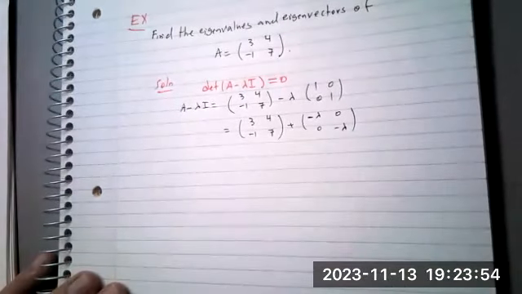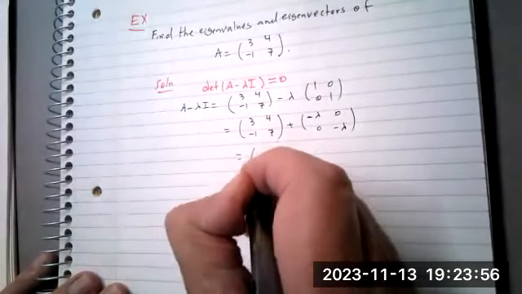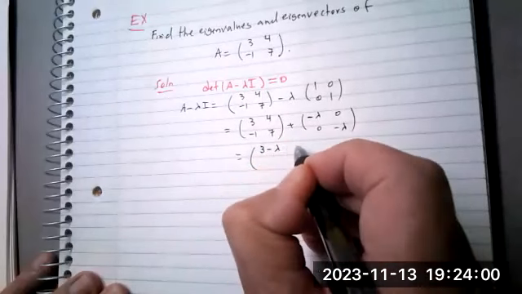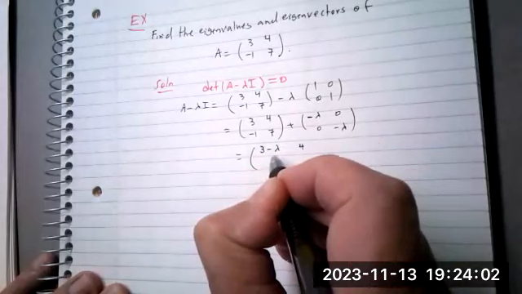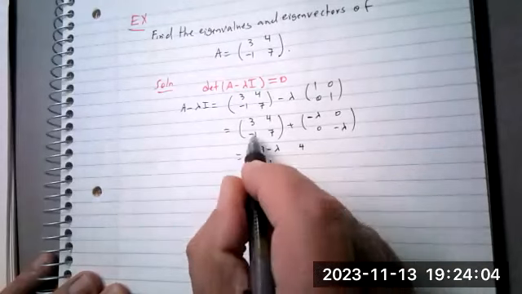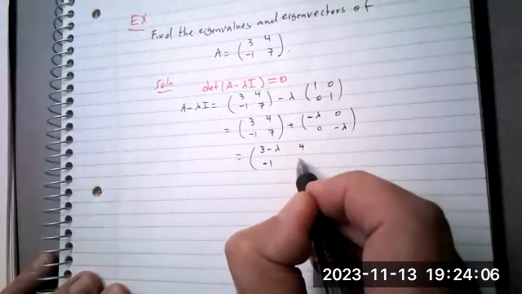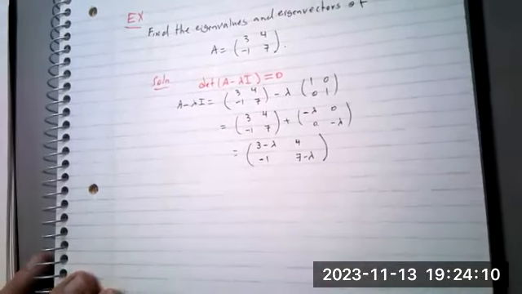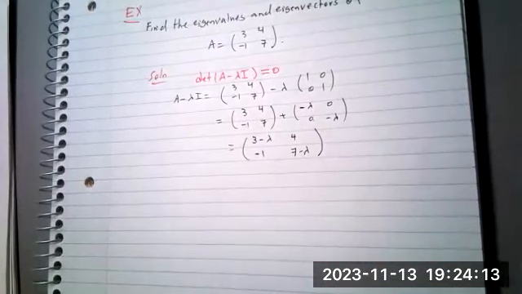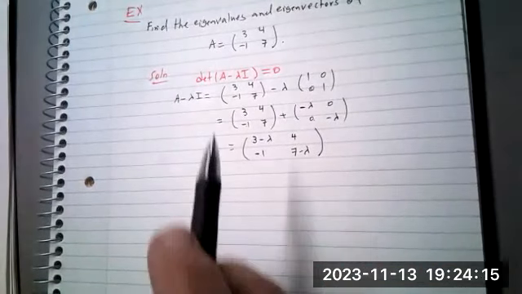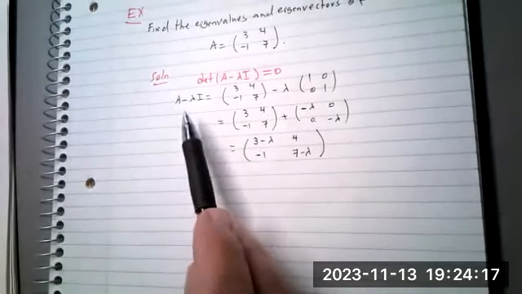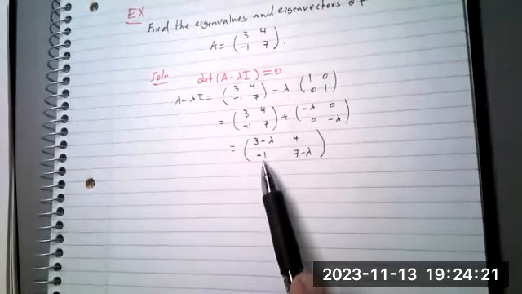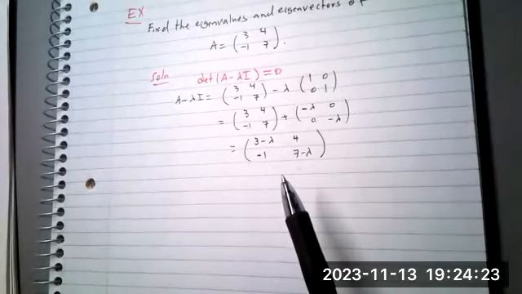Adding them together, it's going to be 3 minus lambda, 4, -1, and 7 minus lambda. For the future, as soon as we get the matrix, A minus lambda I is simply 3 minus lambda, 4, -1, 7 minus lambda.